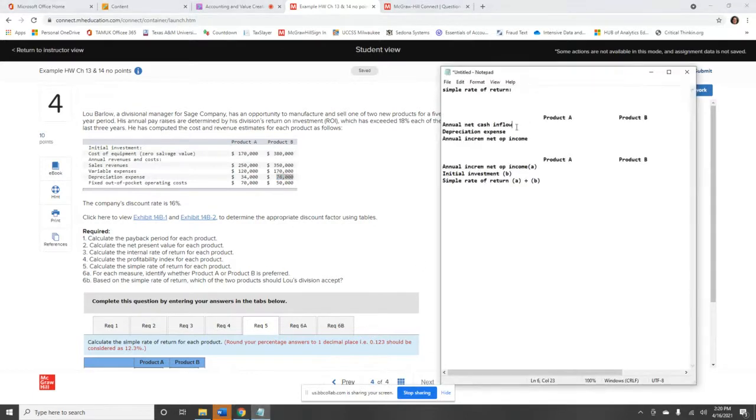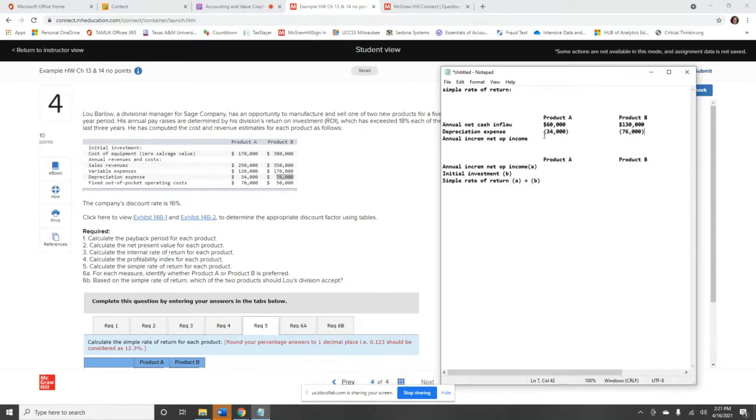All right, so our net cash inflow, so not present value of the cash inflow, but net cash inflow for product A is still 60,000. And for product B, it's still 130,000. And of course, now we're going to subtract out depreciation expense. So for product A, it's 34,000. And for product B, it's 76,000.